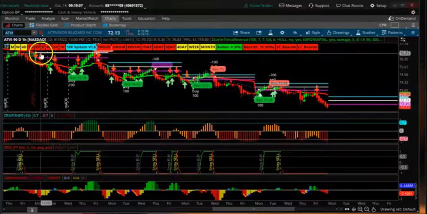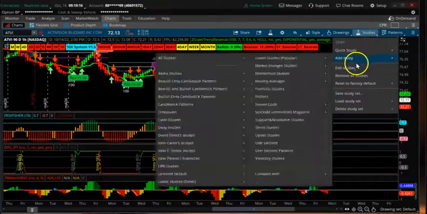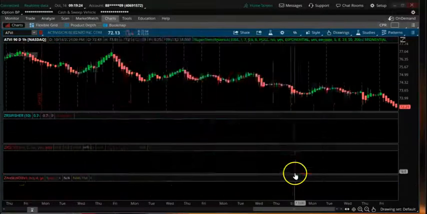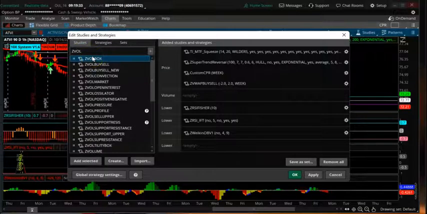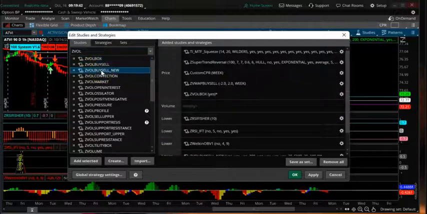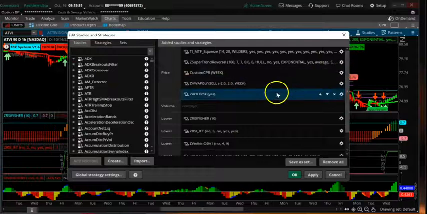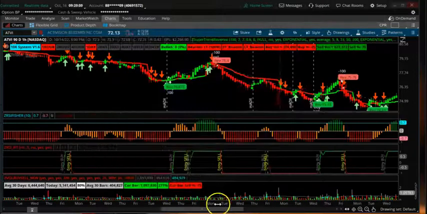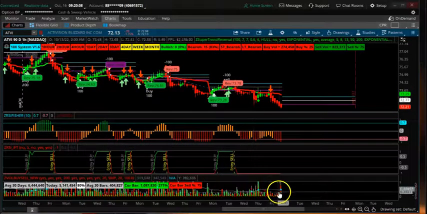So you can see all the time frames are negative. Okay, you can see the volume, right?